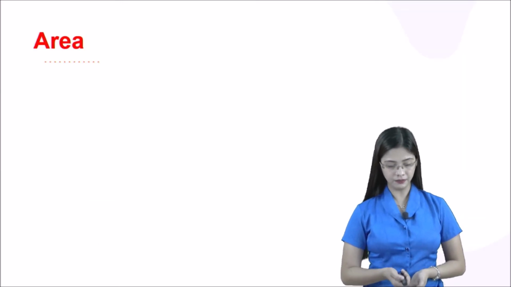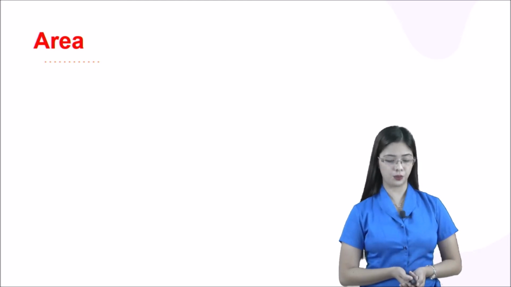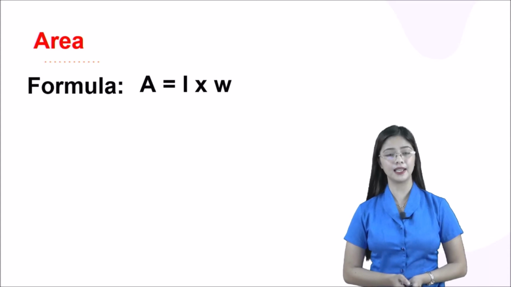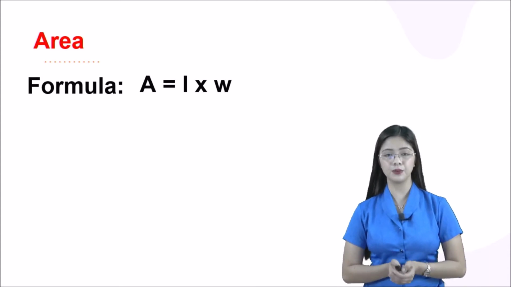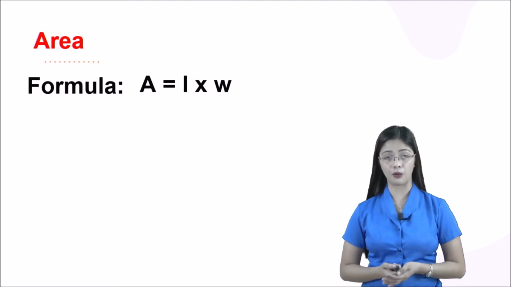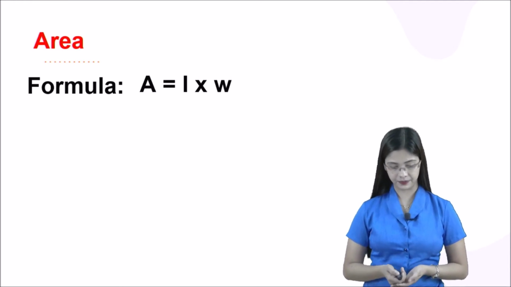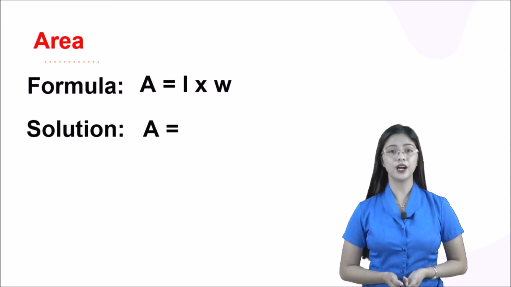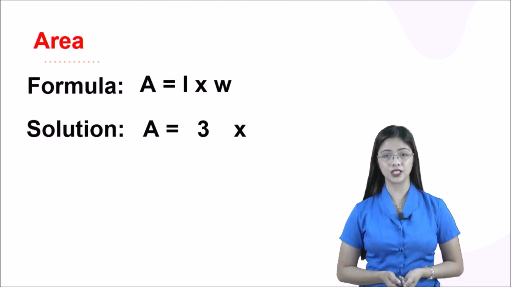So, let's find out what is the area of that square unit. I repeat, our formula is A, or area, is equal to length times width. Because we already found out our length and our width, let's just multiply them. So, our solution is A is equal to our length, 3, multiplied by width, which is 4.